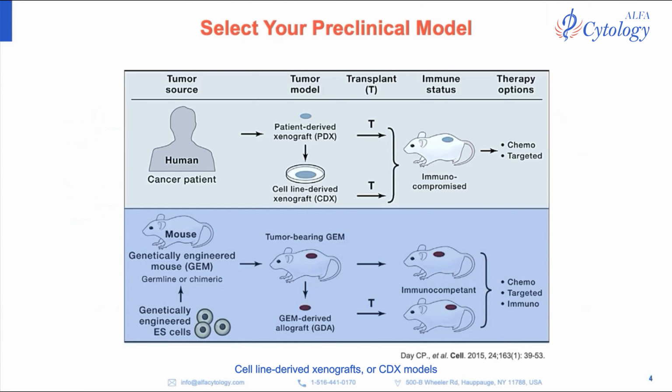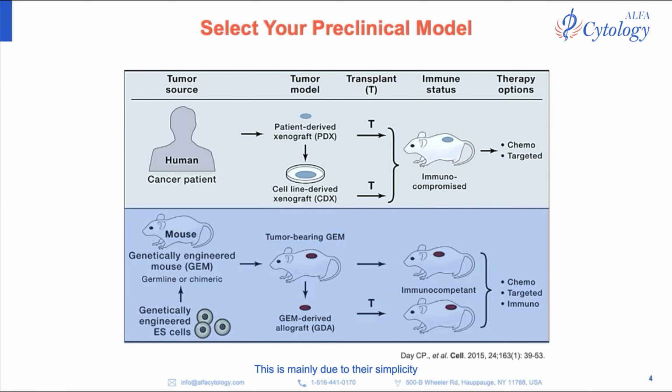Cell line-derived xenografts, or CDX models, are some of the most common tools in preclinical research. These models are valuable for evaluating mechanisms like drug resistance or toxicity. However, they don't always predict clinical outcomes accurately.